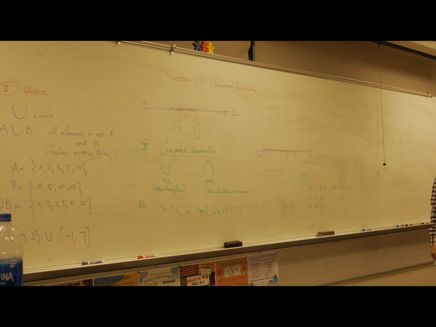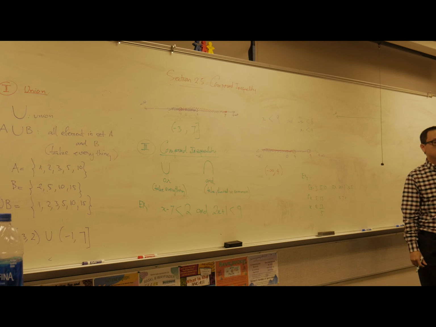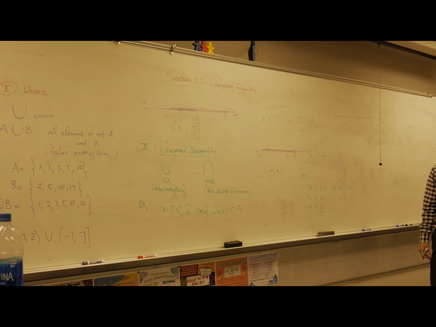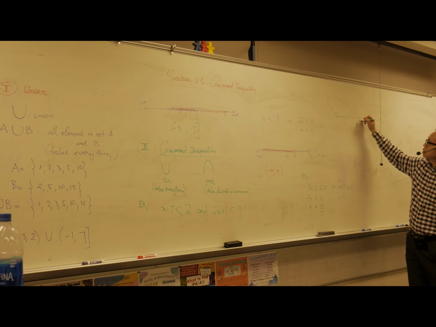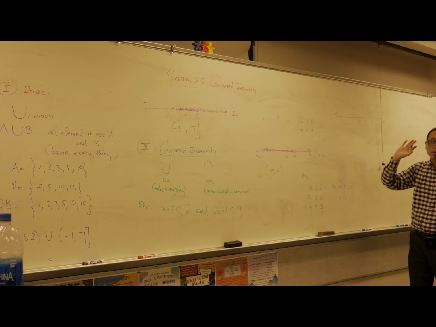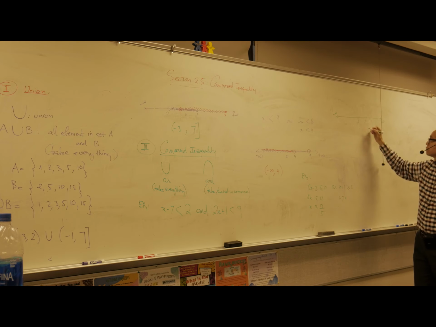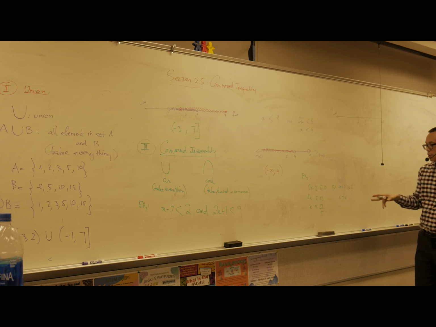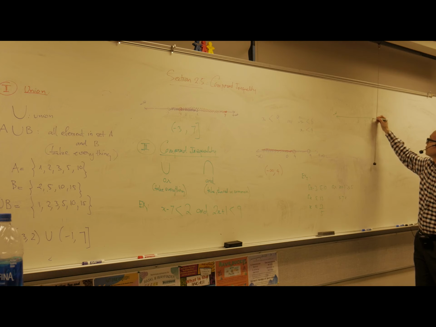So 13 over 5 is about 2 point something. 2.6. Okay, so 2.6, that's fine. I just mark over here 13/5. As long as it's on the right hand side of 0, that's good. And make sure you have it less than 4, so 4 is around here.